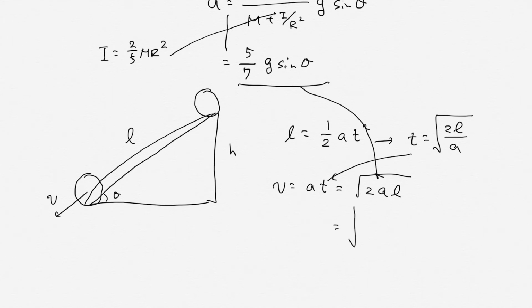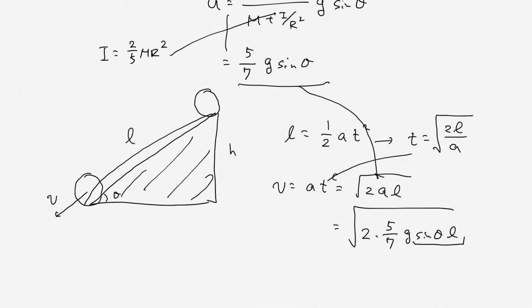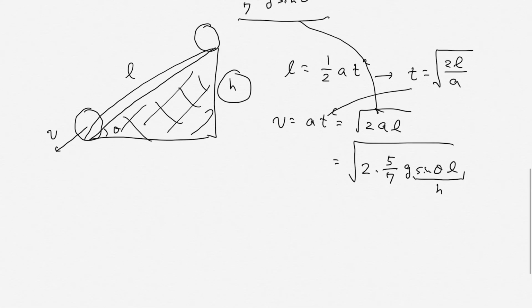It becomes the square root of 2 times 5 over 7 g sine theta L. And L sine theta, if you consider this triangle, is actually h. So the velocity is the square root of 10 over 7 gh. So this is the answer to this question, and in the previous questions, we got the same answer.